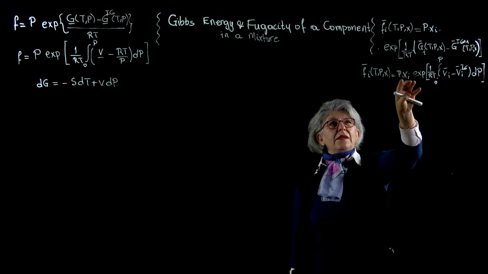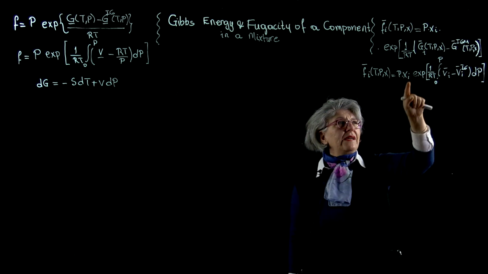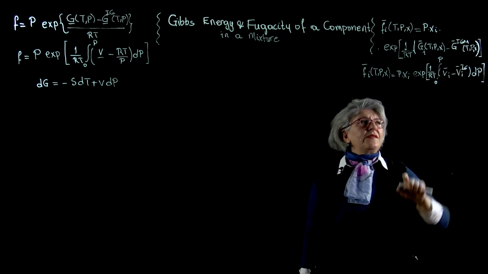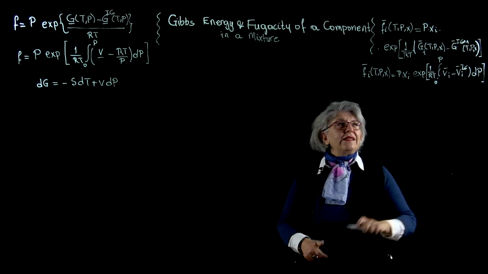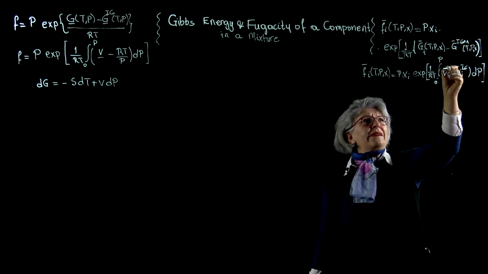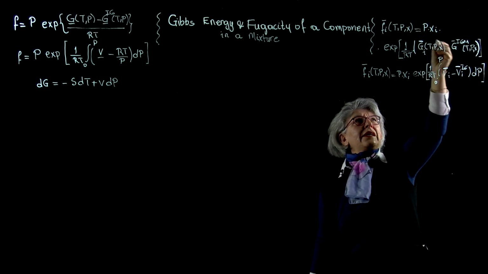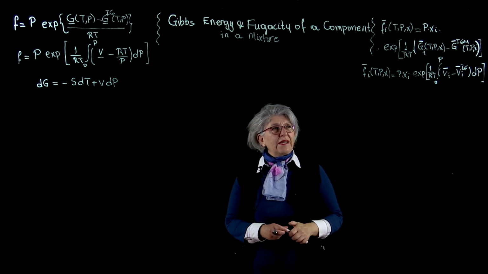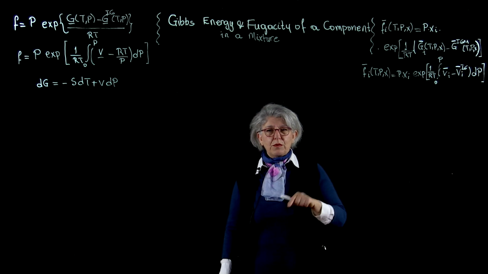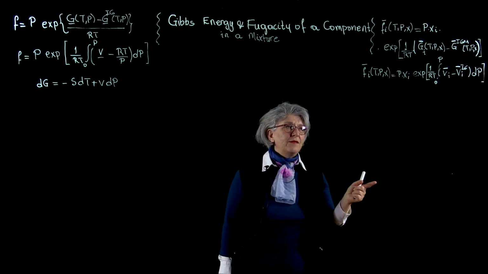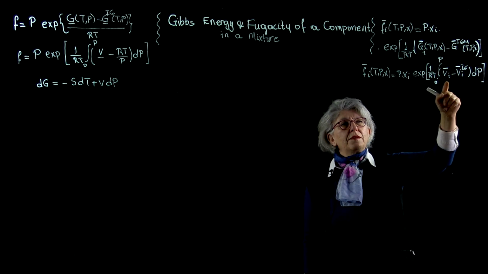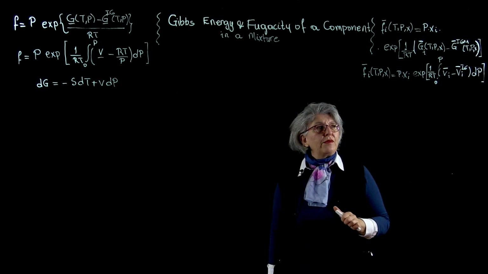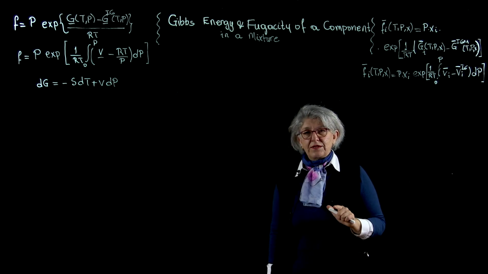a function p times xi multiplied by exponential 1 over RT times (Vi minus Vi ideal gas), and these overbars bear the correct meaning. So we have partial molar Gibbs free energy in the mixture, partial molar Gibbs free energy in the ideal gas mixture, partial molar volume of component i in the mixture, partial molar volume of component i in the ideal gas mixture.